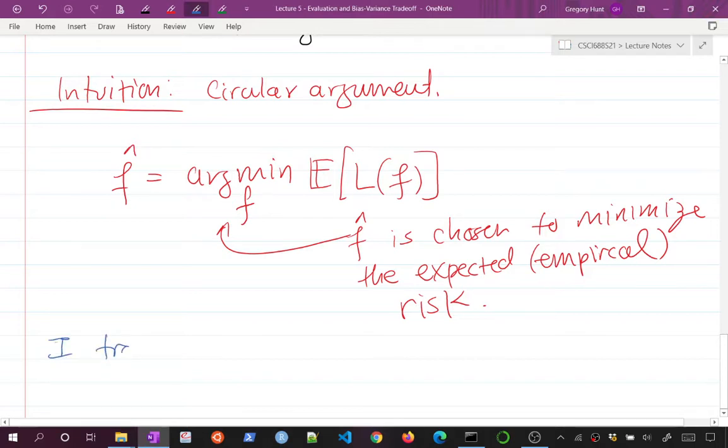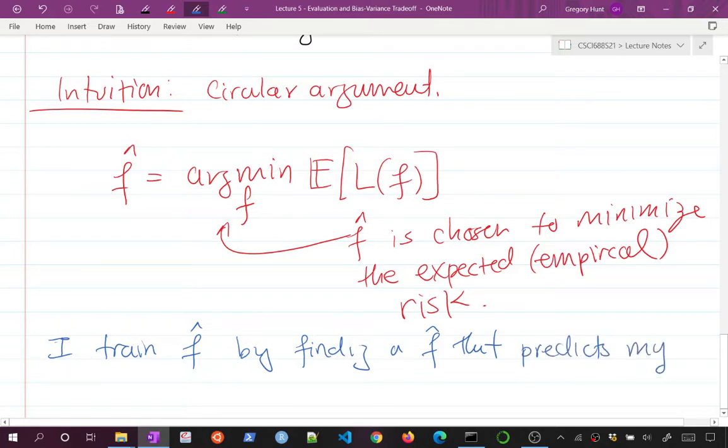So let me just write that down so it's crystal clear. I train f hat, I choose my f hat by finding an f hat that predicts my training data well. That's the whole point, right?